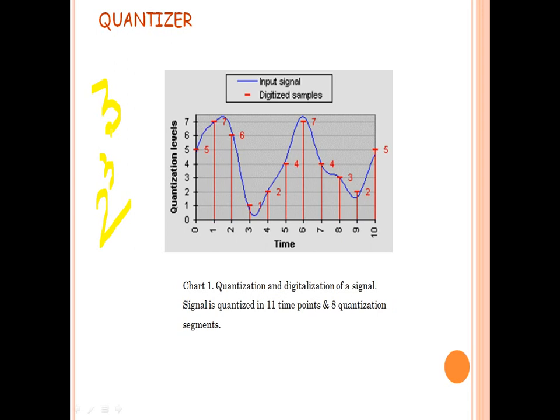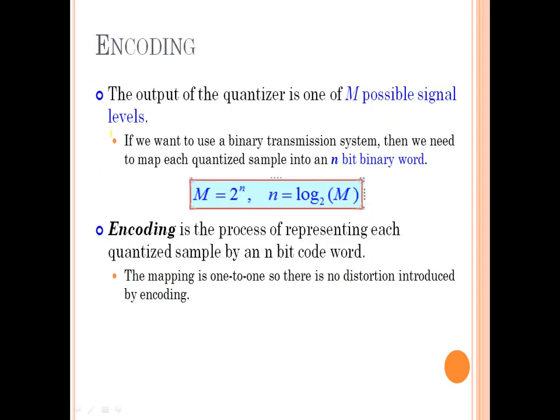So this is basically the example of a 3-bit PCM. If I increase the number of quantization levels, it will become 4 or more bits. From 0 to 15, it is 4-bit PCM. Beyond 15, it will be 5-bit. Beyond 32, it will be 6-bit, like that. So as the number of quantization levels increases, the bandwidth for PCM also increases.